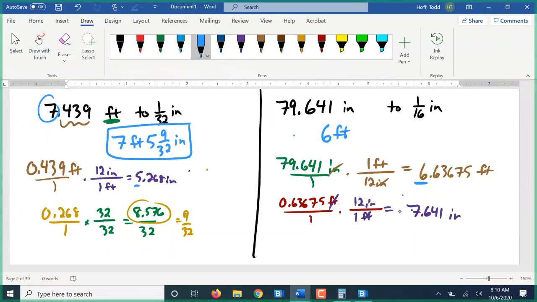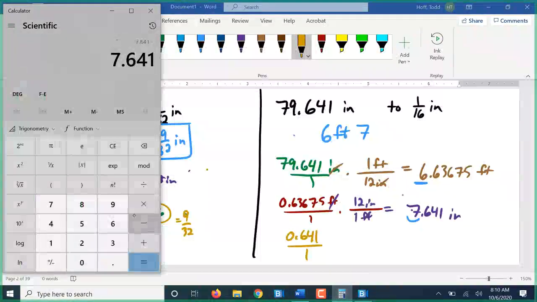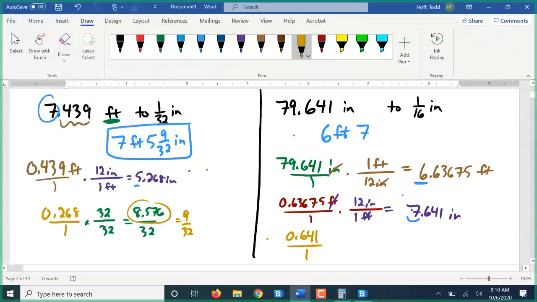Again, from that, I want the 7 for my whole number of inches. Take my 0.641 inches, my decimal portion of the inches. So off of this, I'm just going to subtract the whole number again. I'll subtract the 7.